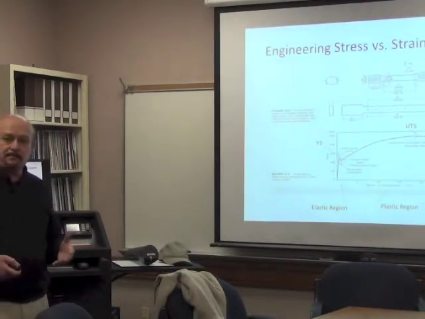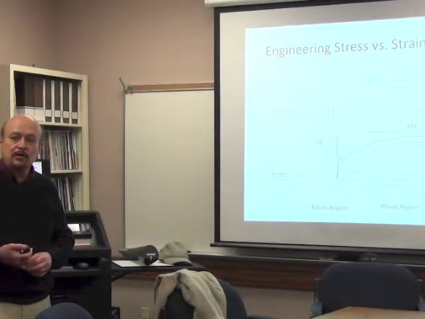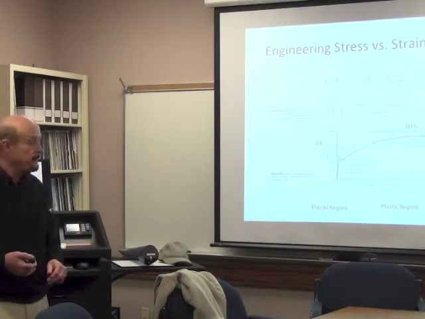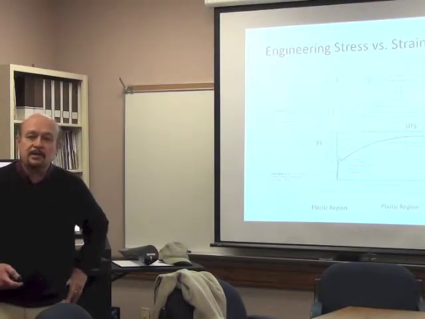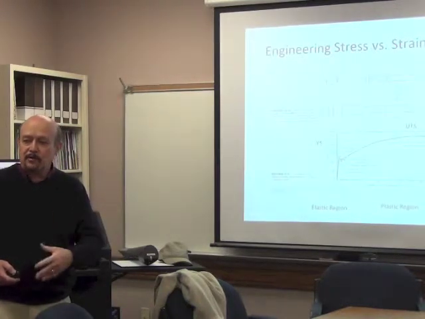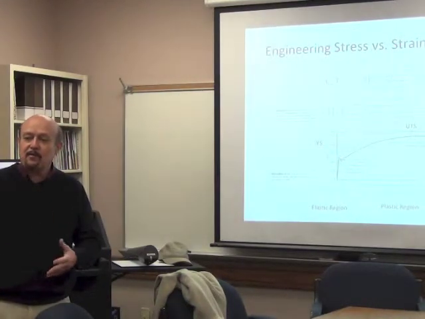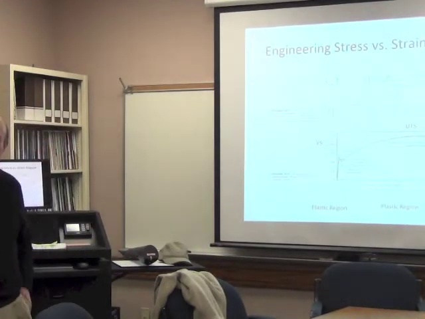But for simplicity, people do that. They call it the engineering stress-strain diagram versus the true stress-strain diagram. You should really divide by the instantaneous area when it's constantly changing. But that's more mathematical, so people don't apply it.